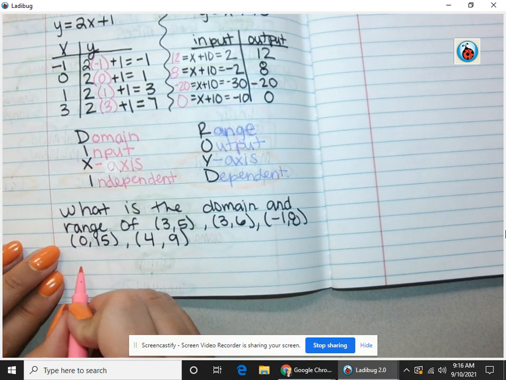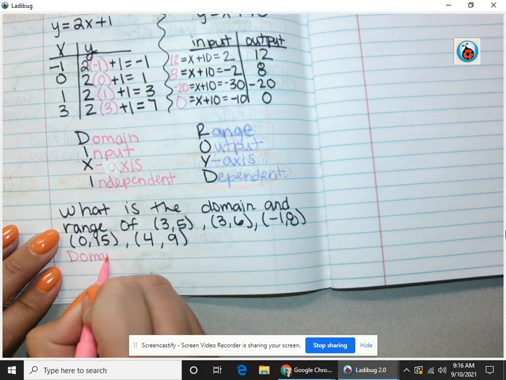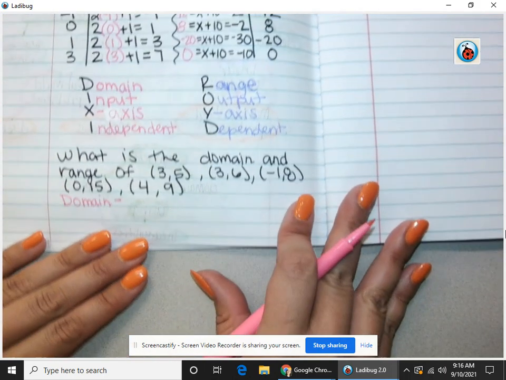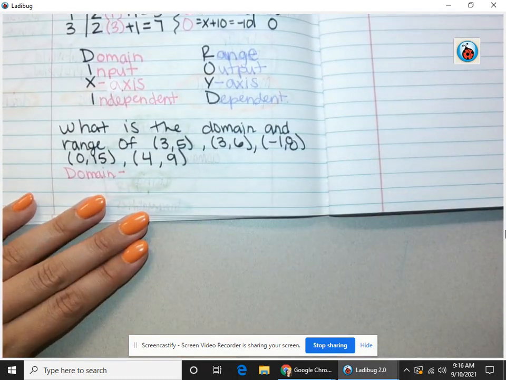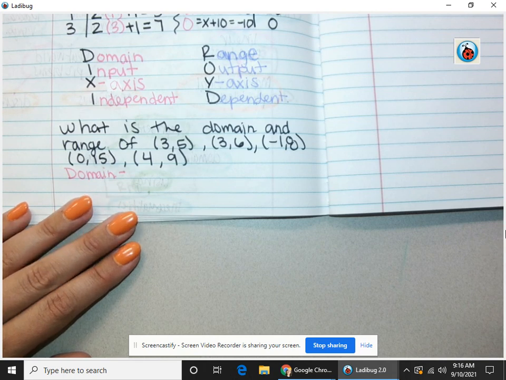If I'm looking for my domain, what are my domain values going to be? The x-axis, the x's.